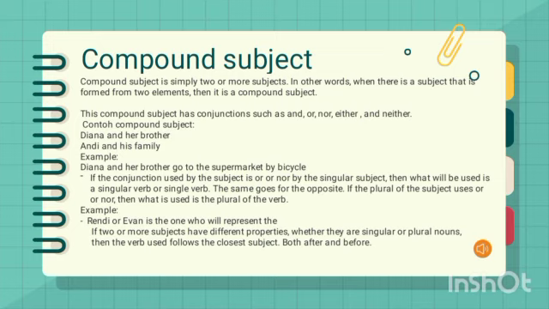Example: Randy or Evan is the one who will represent the class. If two or more subjects have different properties, whether they are singular or plural nouns, then the verb follows the subject closest to it, both after and before.